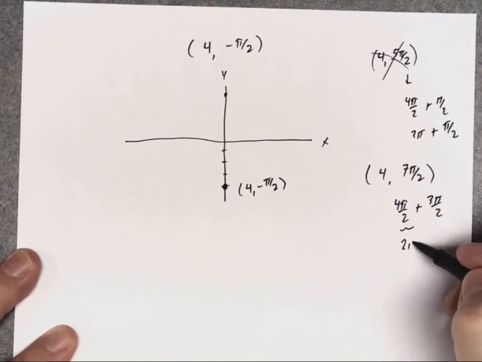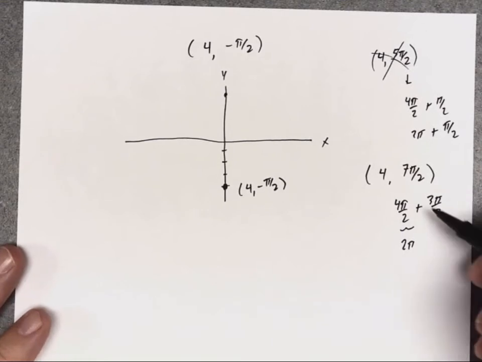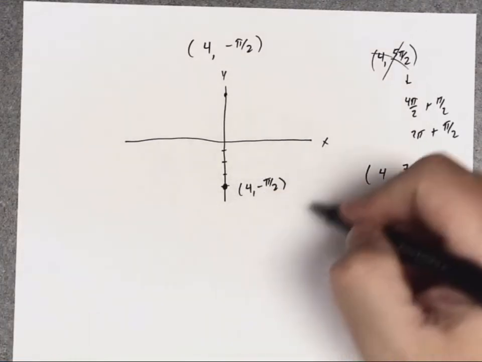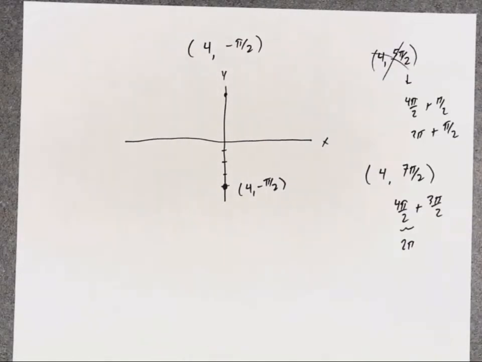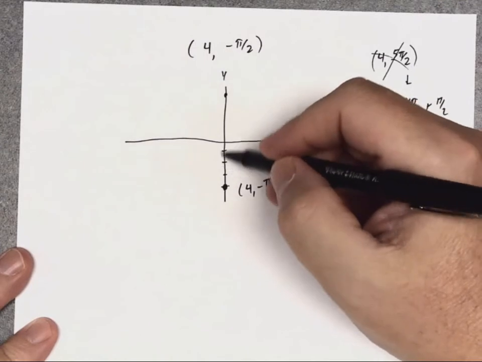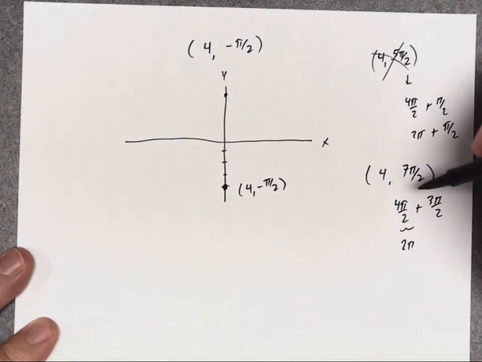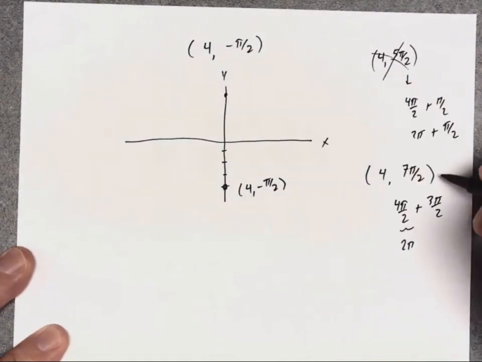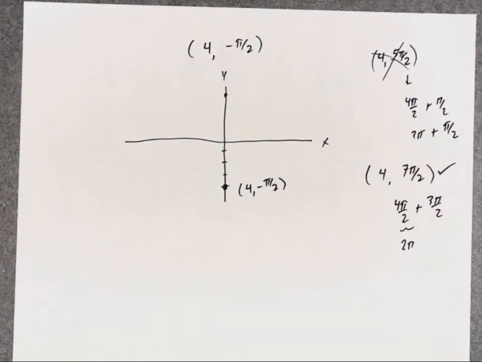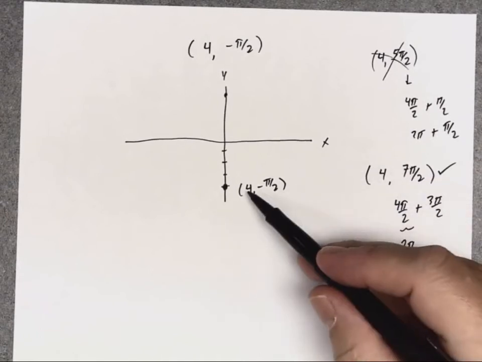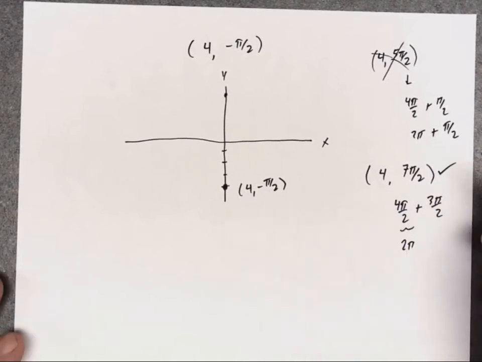And of course, this is 2 pi. So really, my angle is going to be, in a sense, 3 pi over 2, because 2 pi just takes me around the circle. So let's go to 3 pi over 2, which is my negative y-axis, and now a length of 4. And you know what? I'm at the same point. So (4, 7 pi over 2) is the same point as (4, negative pi over 2).